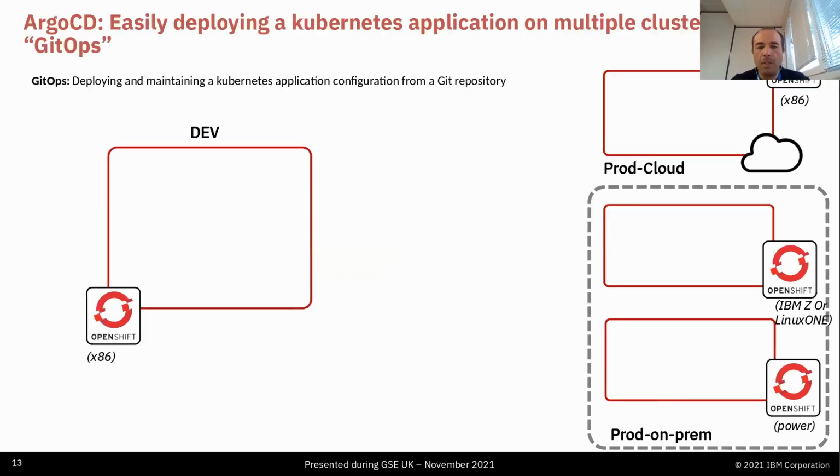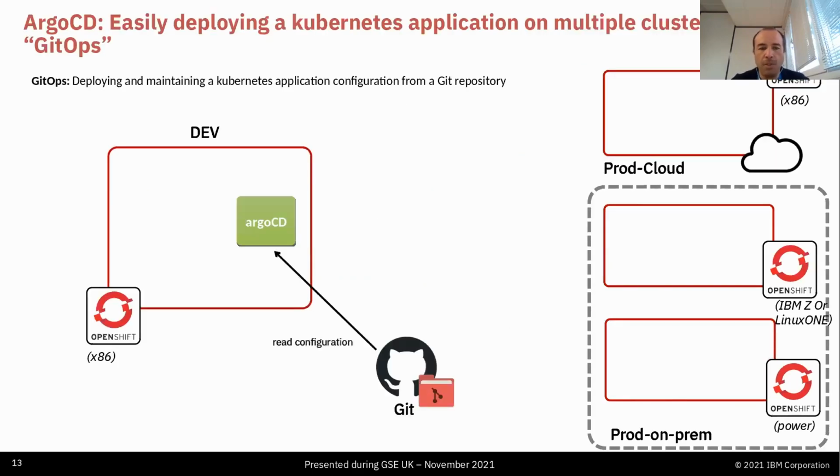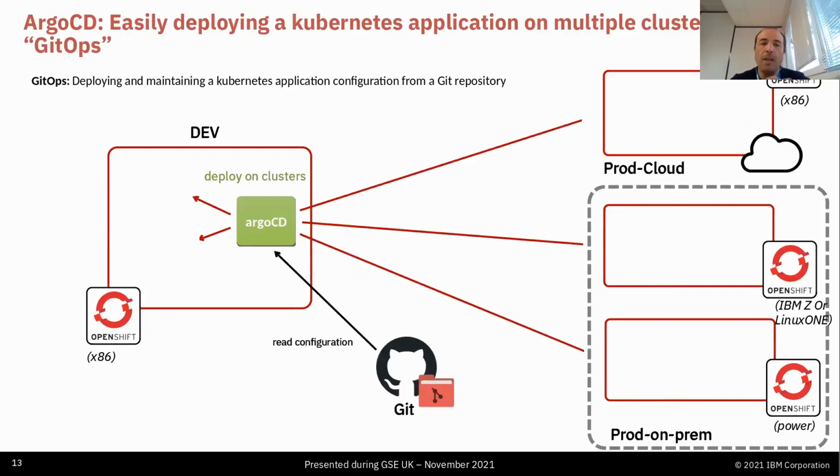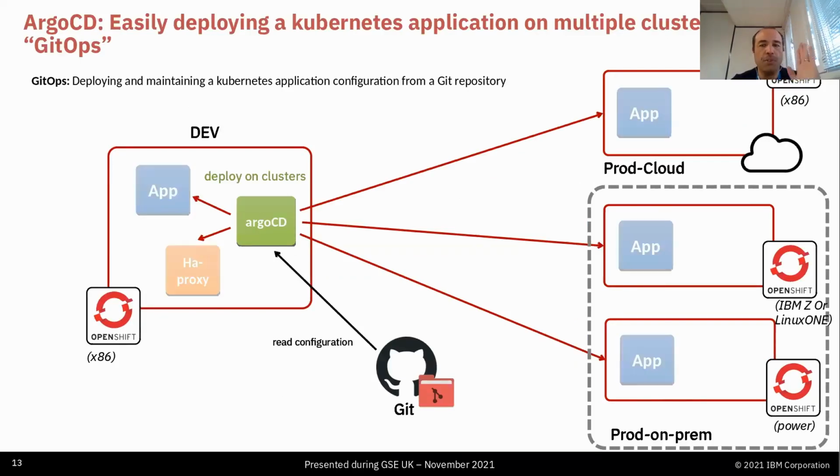We had our Git repository, and Argo CD read from that Git repo and deployed automatically to the different cluster environments. So the HAProxy plus the application for that demonstration has been automatically pushed. You have the code available on the GitLab repositories that you can use.